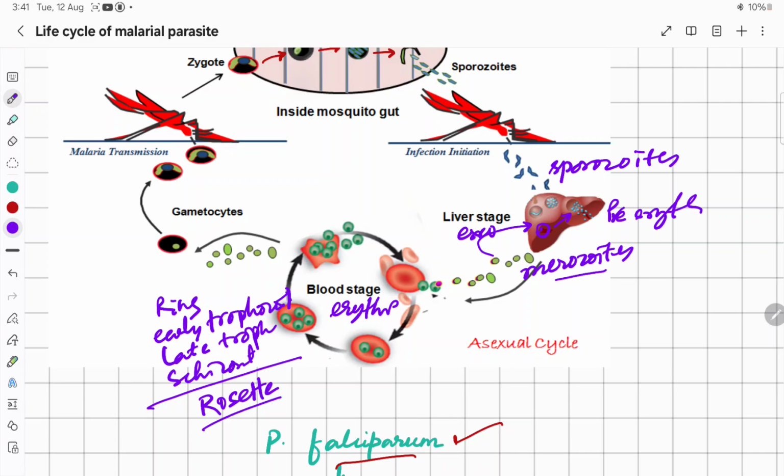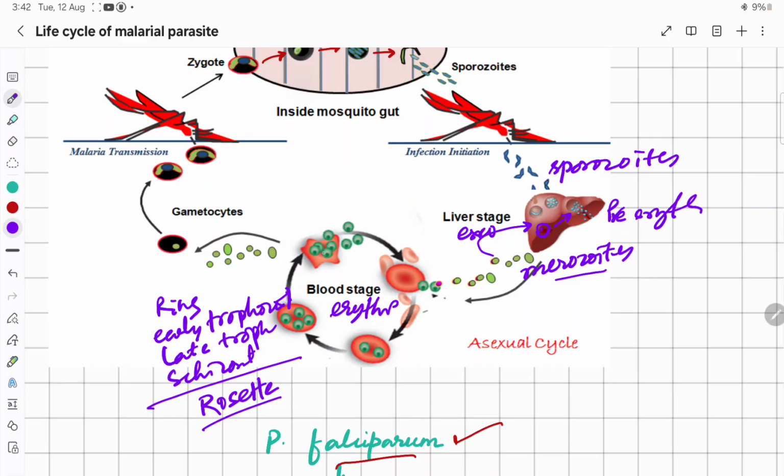The rosette-like structures block the capillaries of vital organs, leading to jaundice, renal failure, and encephalopathy, otherwise known as brain malaria.